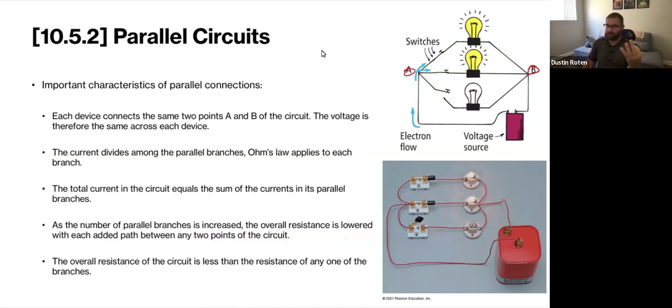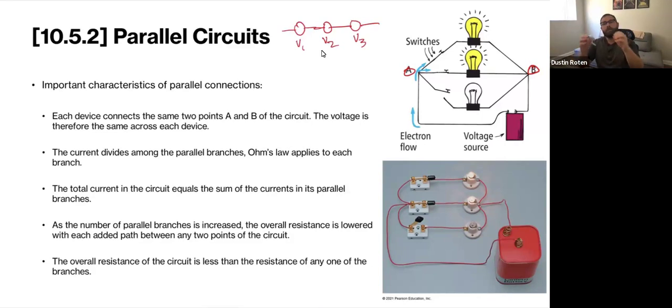Remember, in the series circuit, each device, those three original lamps, lamp 1, lamp 2, lamp 3, you'll remember that each one of these has a different voltage drop. Each one has a different voltage applied. And that's for the series circuit.